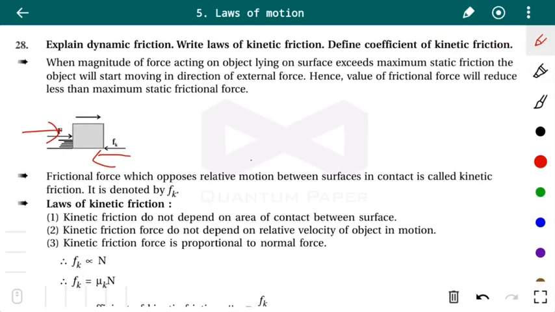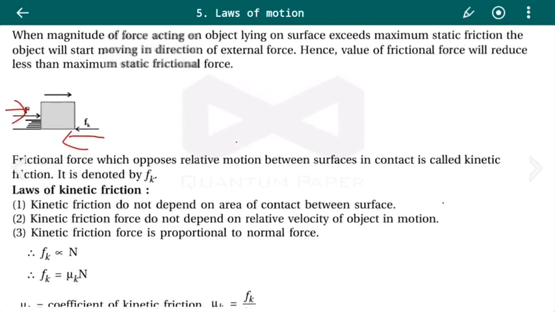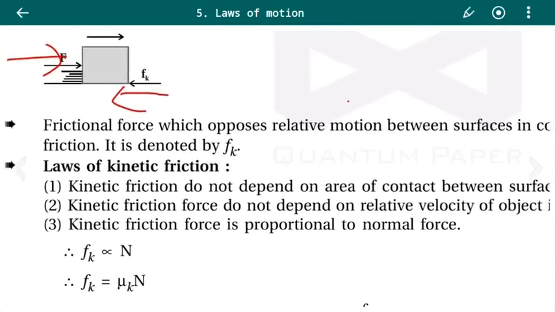So here we can say that the frictional force will reduce to less than the maximum static frictional force. That means this kinetic frictional force is less compared to the external force. Frictional force which opposes relative motion between the surfaces in contact is called kinetic friction. It is denoted by Fk.